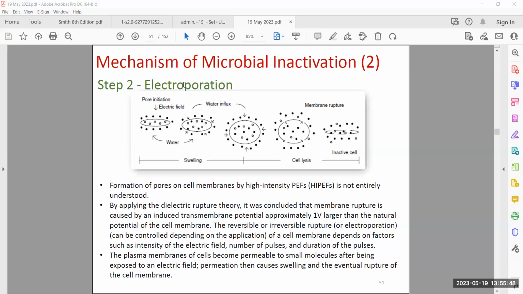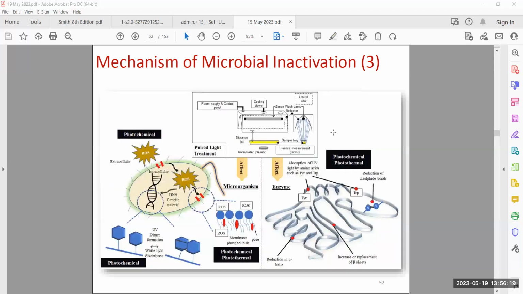All this electrical zap induces pores, or lubang, in your microorganism. The microorganism would have very, very small holes, and water goes inside the microorganism and makes it swell, or bengkak. And after that, what happens is the membrane rupture, and eventually you will get an inactive cell.